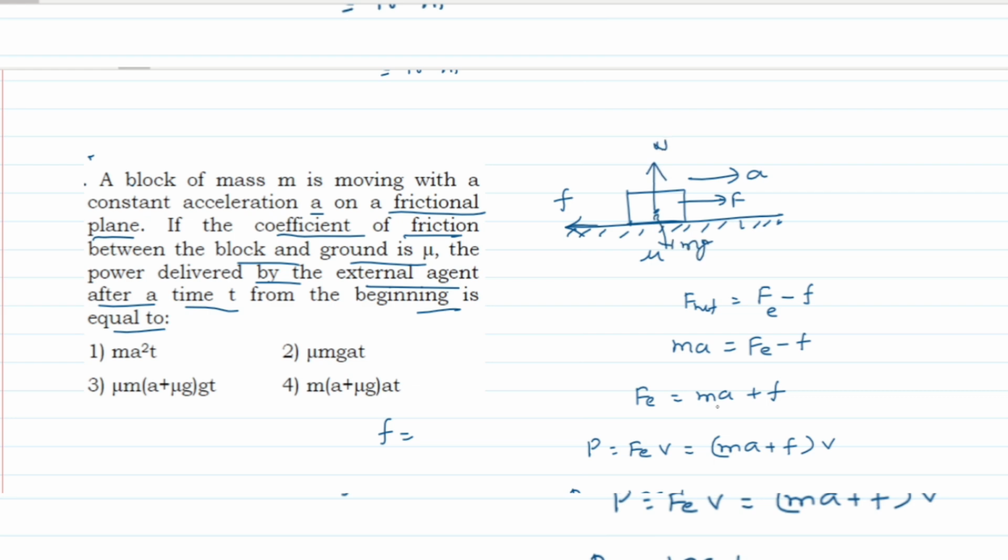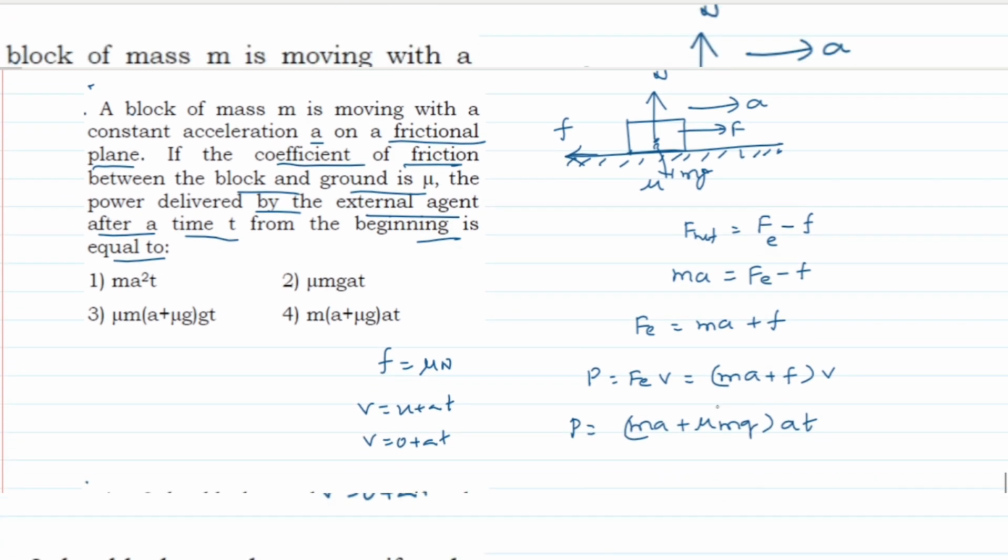So F equals mu into N, which is mu mg, and the block is moving with a constant acceleration. So velocity v, the formula will be u plus at. Initial velocity will be 0, so we get plus at. That value you have to substitute here. This is a into t.